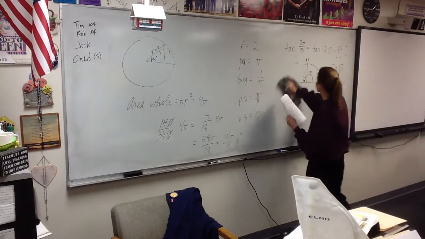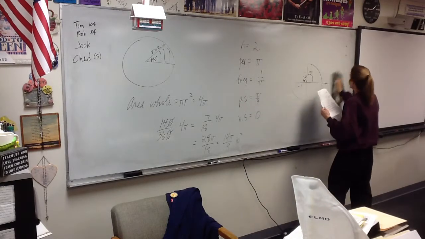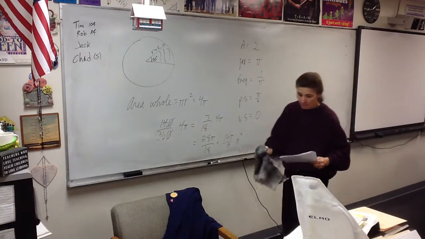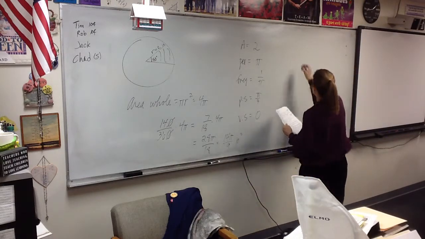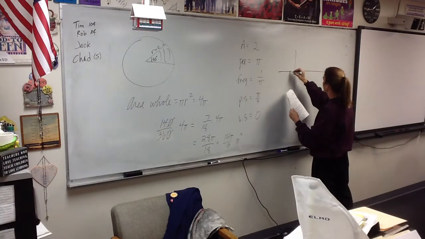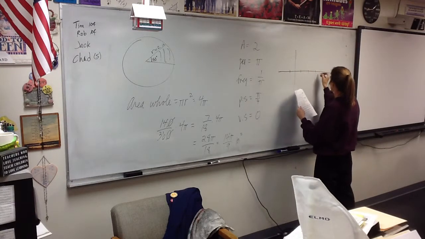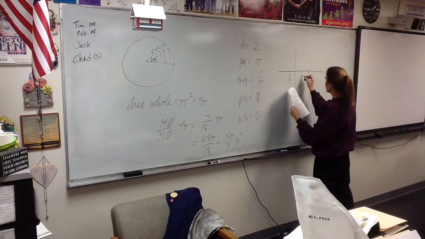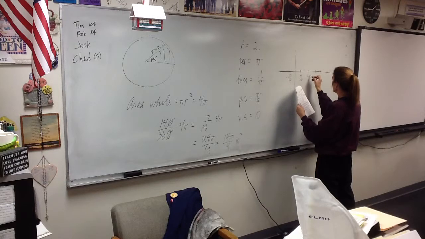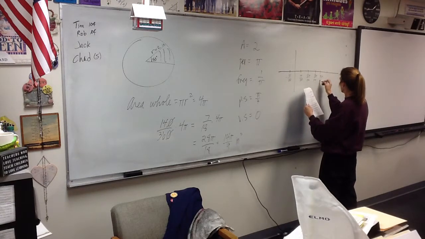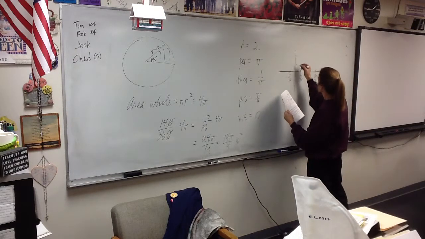Okay, now we're going to write the equation. This is number 6. We're going to write the equation of the curve. So when we look at this, we have to figure out how we're going to start.